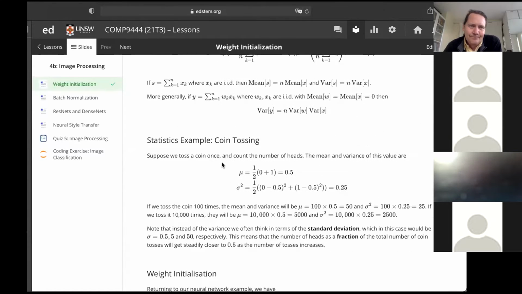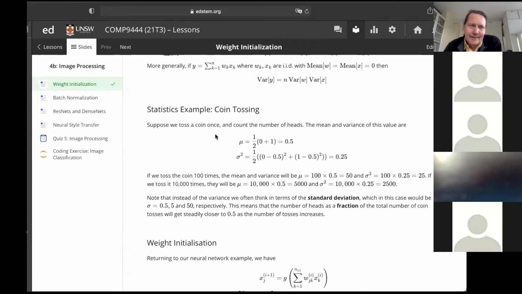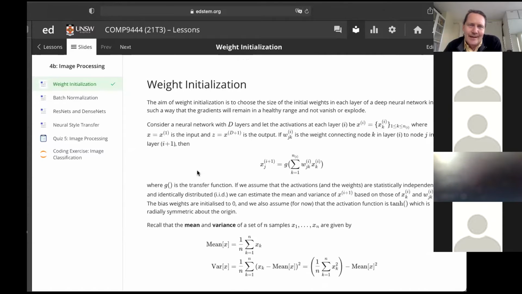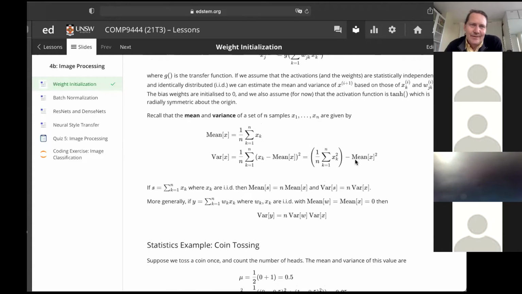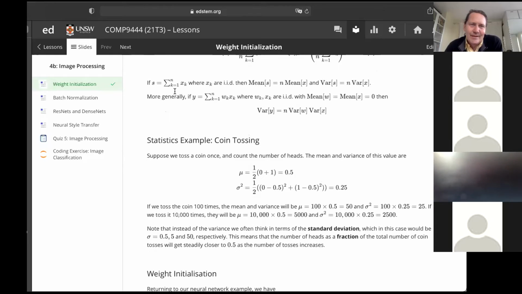But if you want to see an example of something that's a very good approximation to a Gaussian distribution, we talk about this a little bit in week 4 when we get to weight initialization.